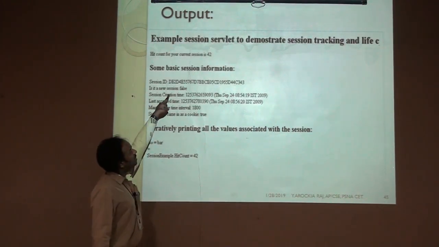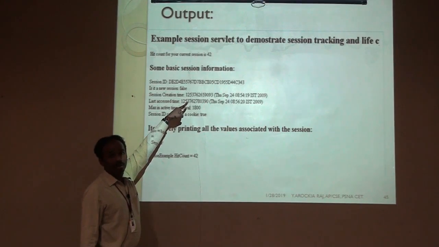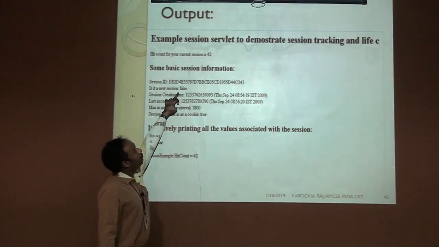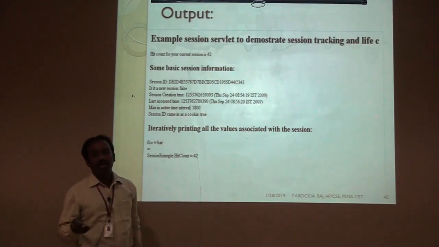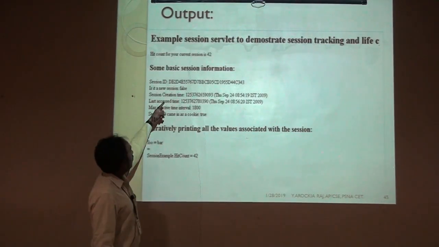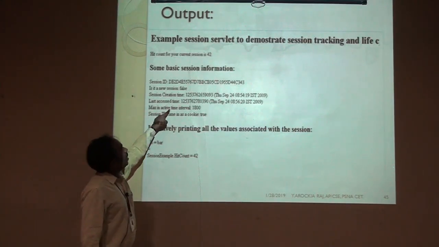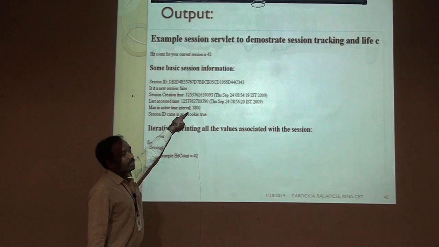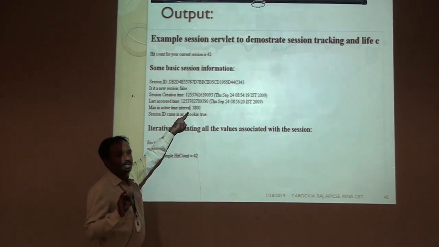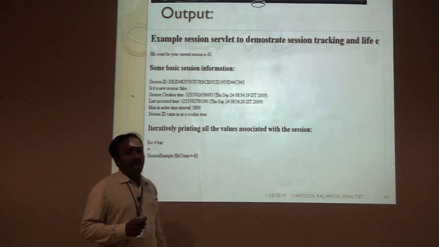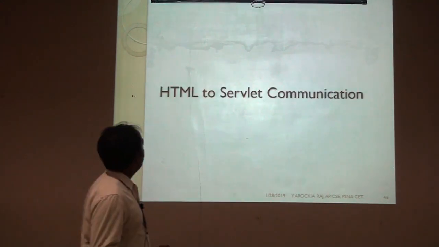See the ID, this ID is created automatically. Then the session is new: false. Since I am executing more than one time, that's why it is providing false. And then the session creation time, session last access time, and max inactive interval, that is how many minutes I am inactive, right? So everything we can provide with the help of this.